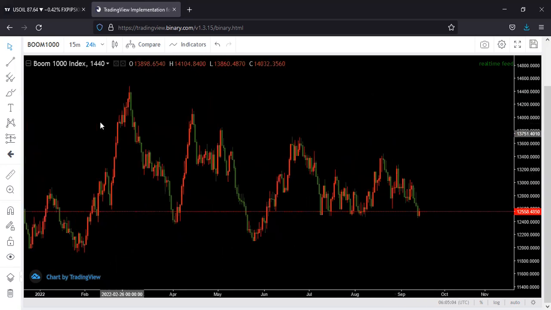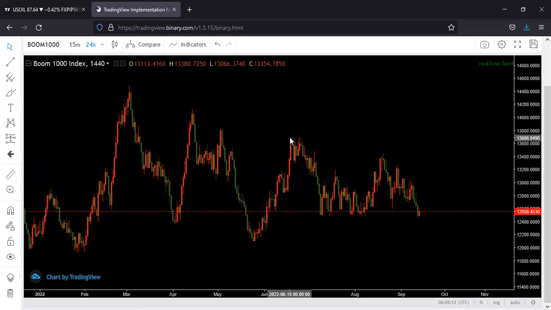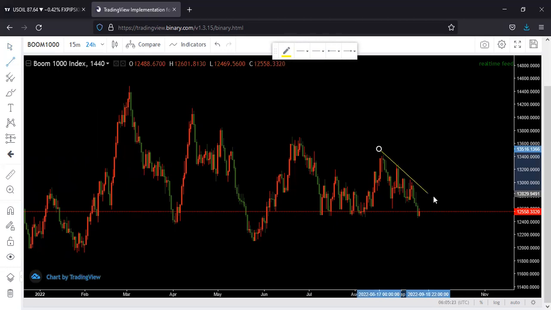So let us proceed. From this point, guys, you can see the price is trending to the downside. Let me try to draw this. I will take this trend line and draw it from this point up to this point.